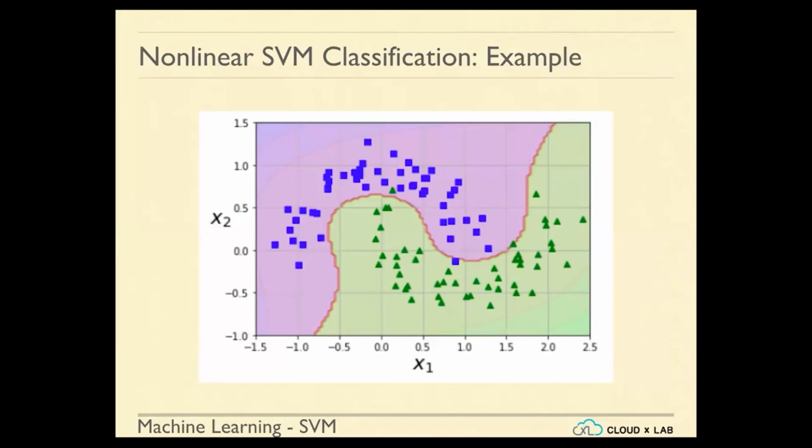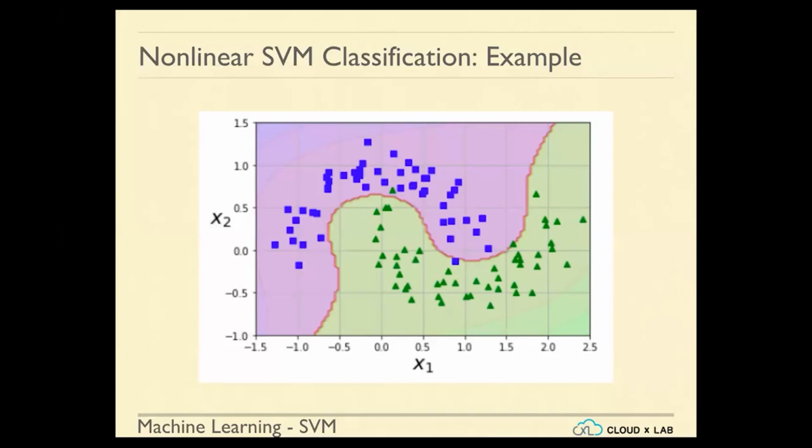Is it clear to everyone? So all we needed to do was instead of using the two features, we used many features. And as a result, if you think about it, if you draw the other features against x1 and x2, and then see the classifier's behavior, there'll be straight lines.